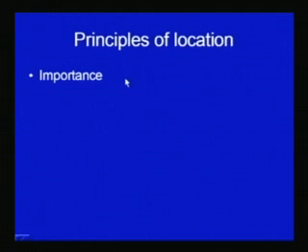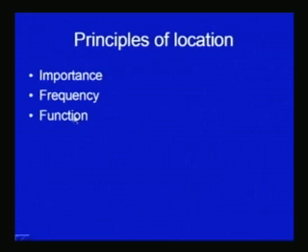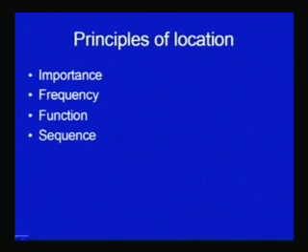These principles are based on importance, the frequency of use, the functions, and the sequence of operation. So, the control devices should be located in light of these 4 principles.